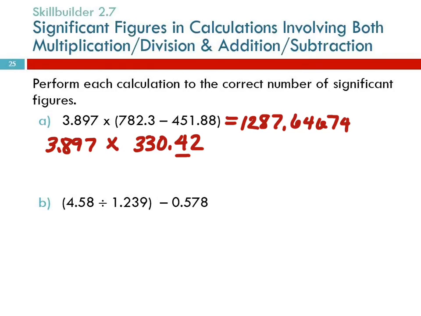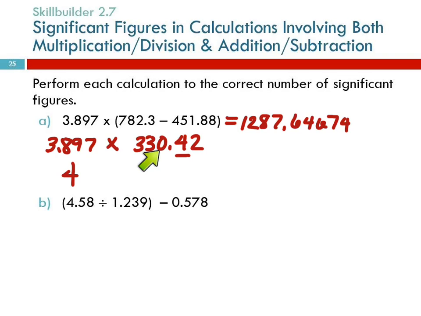So that is not the correct number of significant figures. Here now we have multiplying. So we need to use the rule for multiplying. There we're looking at number of significant figures, not number of decimal places. So how many significant figures in 3.897? 4. So there we've got 4 sig figs.